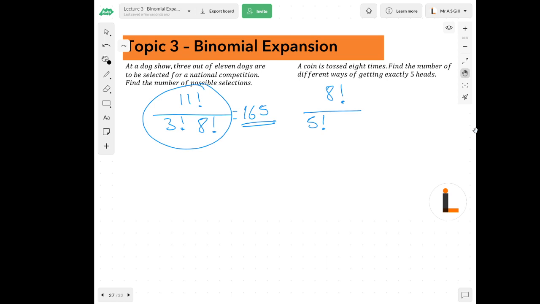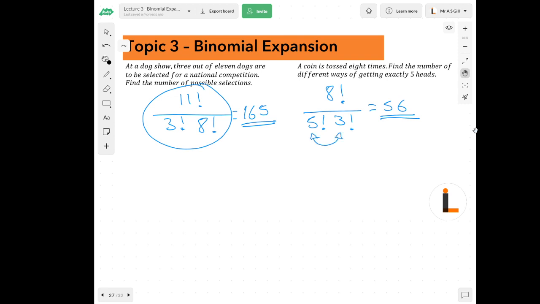Well, if there's 5 successful, there must also be 3 unsuccessful attempts. And that means there are 56 different ways that out of 8 flips of a coin will end up with getting heads 5 times.